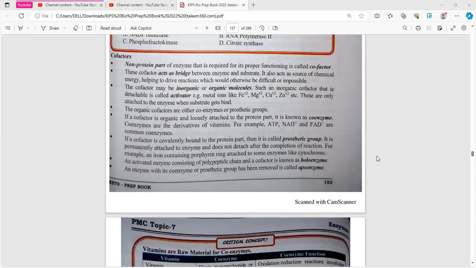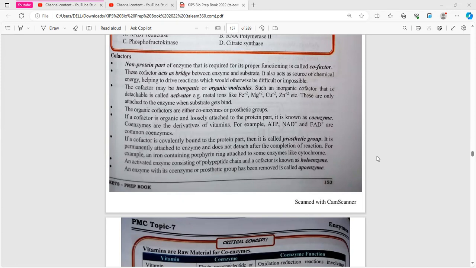When they exist as a coenzyme, the cofactor is mainly loosely attached to the protein part, and coenzymes are mainly made up of vitamins. The main coenzymes you need to know are ATP, NAD, and FAD. NAD and FAD have also been studied in the glycolysis and aerobic respiration pathway.